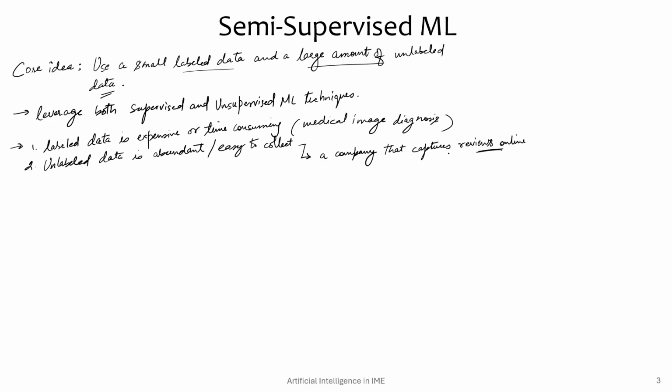We can capture a large amount of reviews online, but the manually labeled reviews will be fewer. So in these kinds of scenarios, we can use semi-supervised learning. Now let's talk about the broad steps of how we conduct semi-supervised learning.